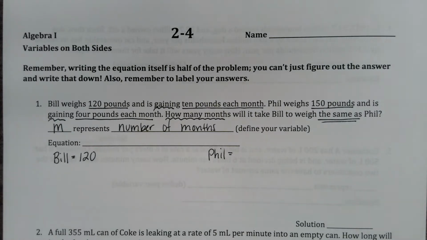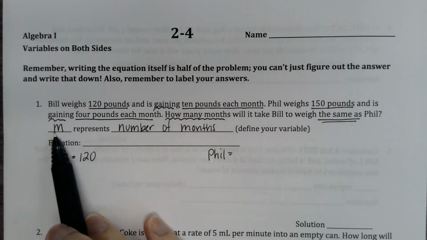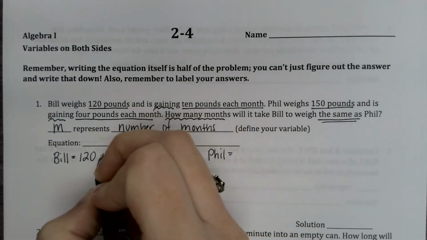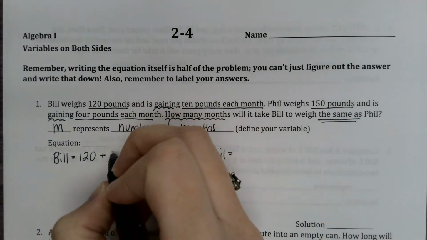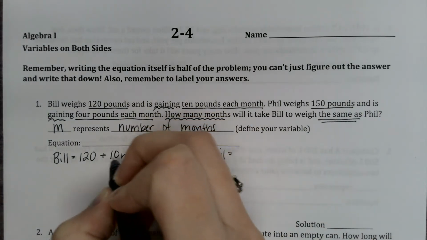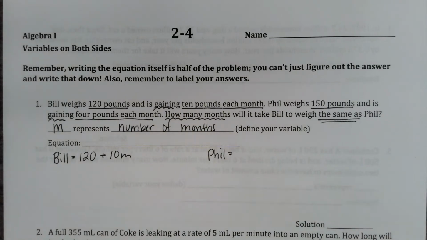Or after 4 months, he should gain 40 pounds. Really what I'm doing is taking 10 times the number of months. Well, I know my number of months is M. And I'm going to be adding that because we're gaining, not losing weight. We're gaining weight, 10M, because I have 10 times the number of months. Remember, I had 40, because if I have 4 months, it's 40 pounds, and we add 40 to the 120, and we get Bill's weight.